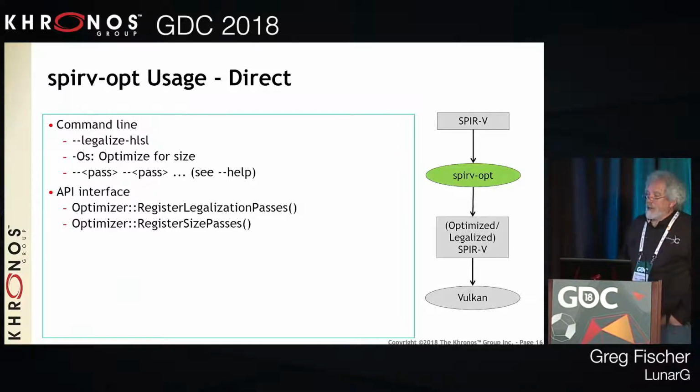And we also have the ability to call individual passes and to specify the order, and you can call them in any order that you wish. Those are all documented. SPIR-V opt also has an API interface, and it has methods for calling a predetermined set of legalization and size reduction passes.